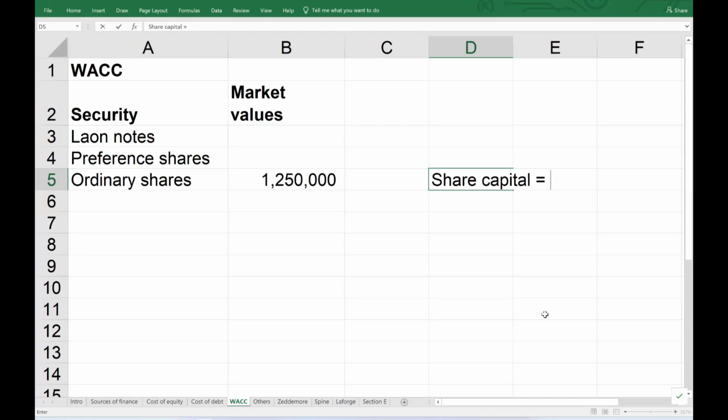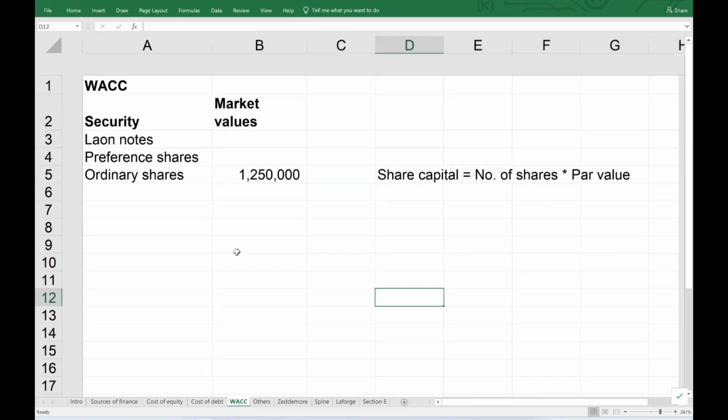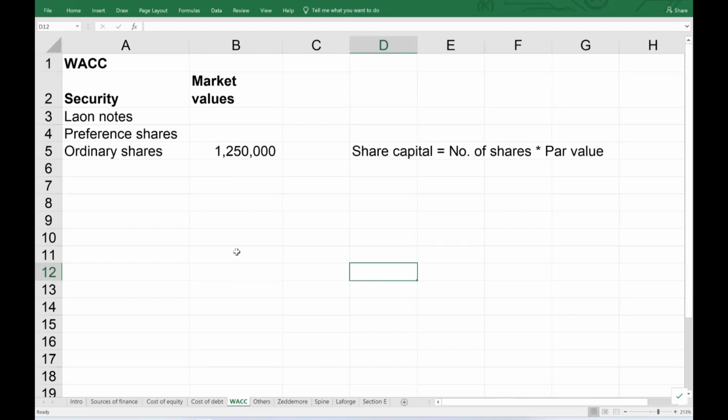Anything above the par value will go to share premium account, right? So the formula is number of shares multiplied by par value, or nominal value, or face value, whatever. So what if he doesn't give you the number of shares?